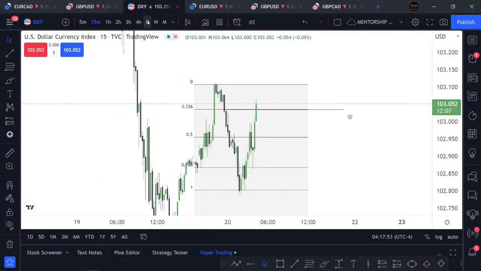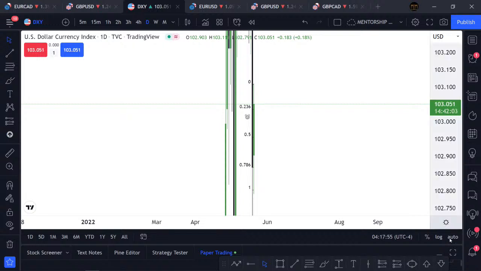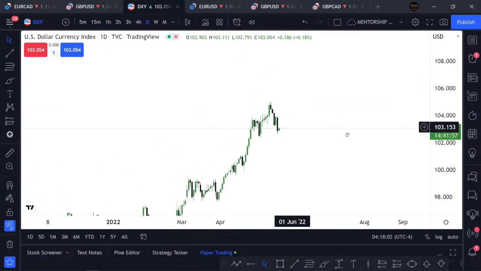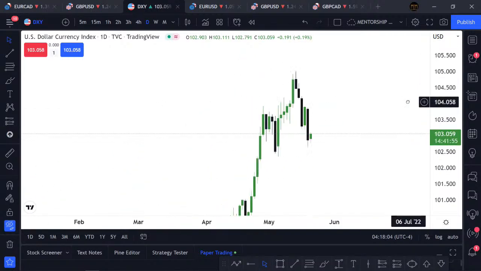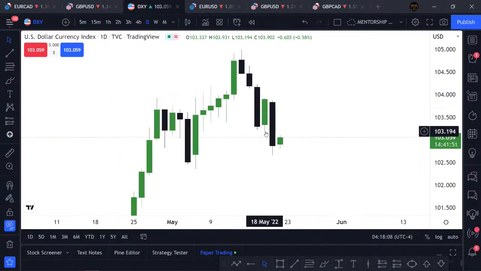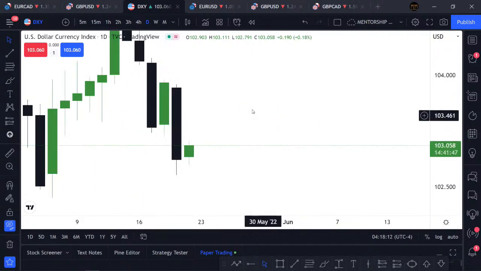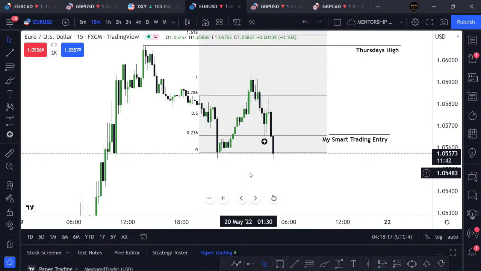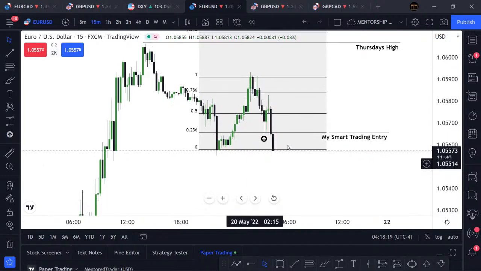Let's use a daily chart. Daily, let's just hide those things. Let's wait for price to come to this week here. Okay, this week on the dollar index, the euro dollar. You're supposed to see this taken.